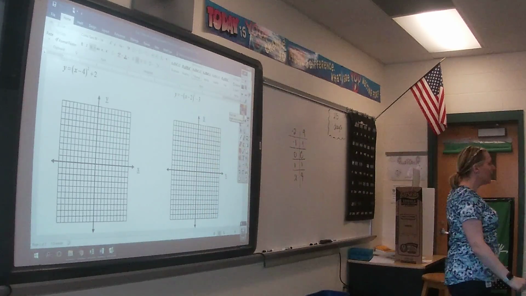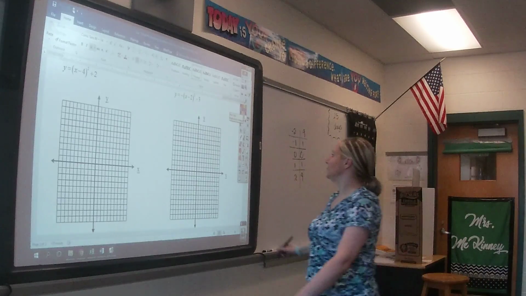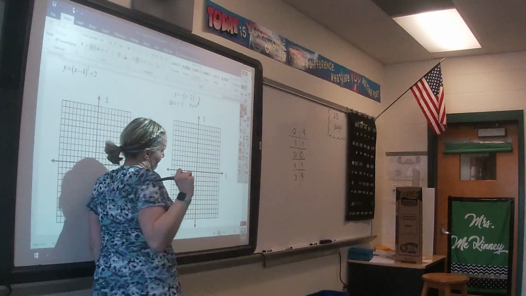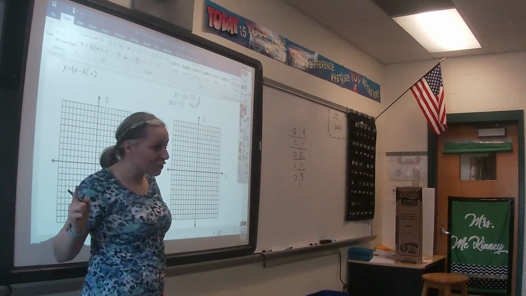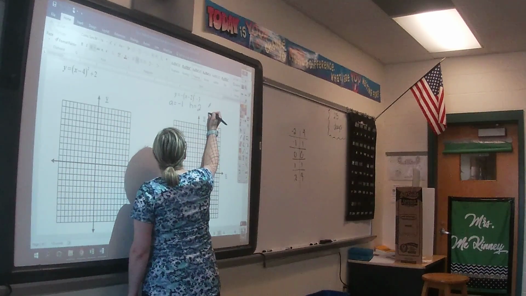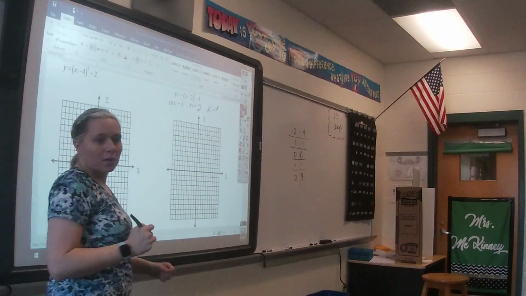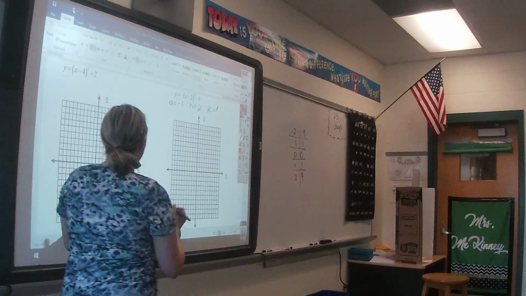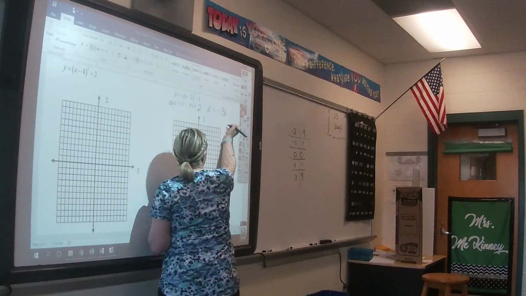The second one. What does a equal? -1. What does h equal? +2, because we take the opposite of it. And then -3. What does k equal? -3, because we don't take the opposite of k.